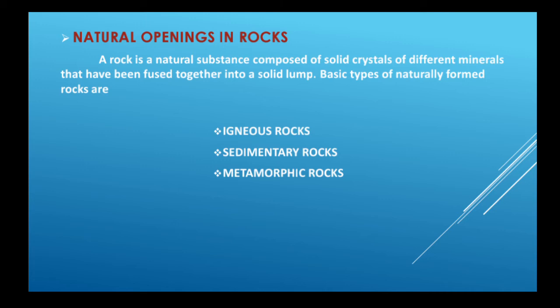Natural openings are nothing but those in naturally occurring rocks. First of all, what is meant by a rock? A rock is a natural substance which is composed of solid crystals of different minerals that have been fused together into a solid lump.